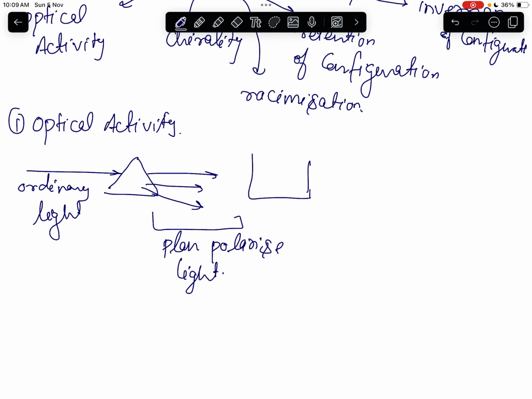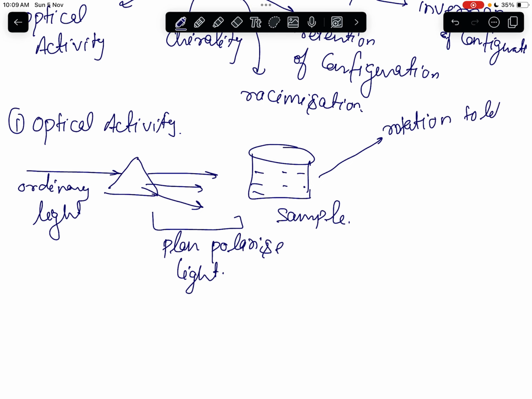And when this light passes through the sample, that is a chemical compound, three possibilities can be there. For example, rotation of plane polarized light to the left, rotation to the right, or there is no rotation.